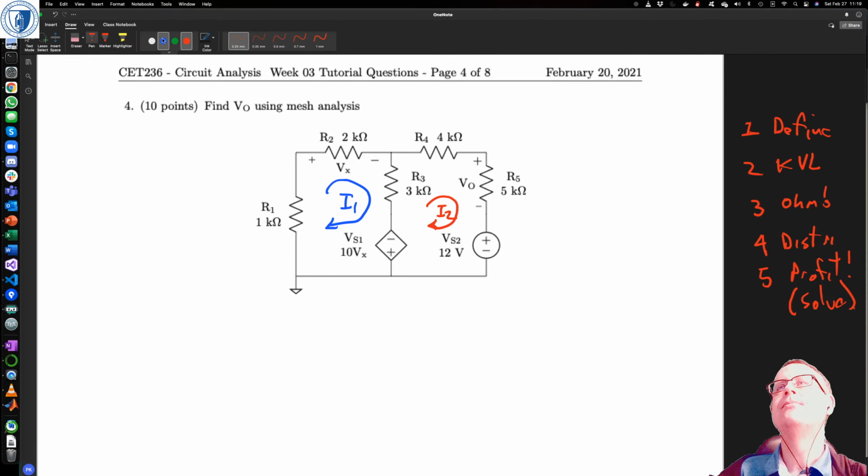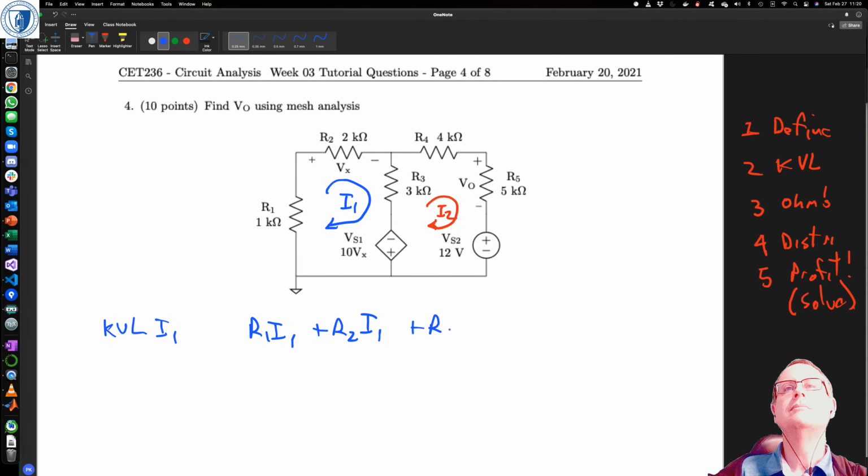Okay, and then KVL for I1 is R1 times I1 plus R2 times I1 plus R3 times I1 minus I2, minus 10 Vx equals 0.